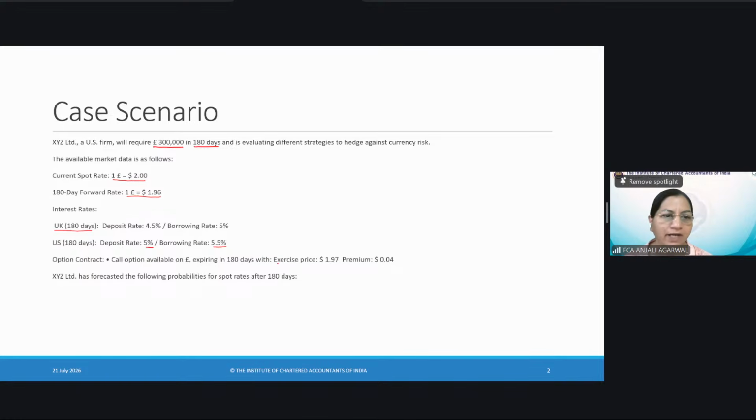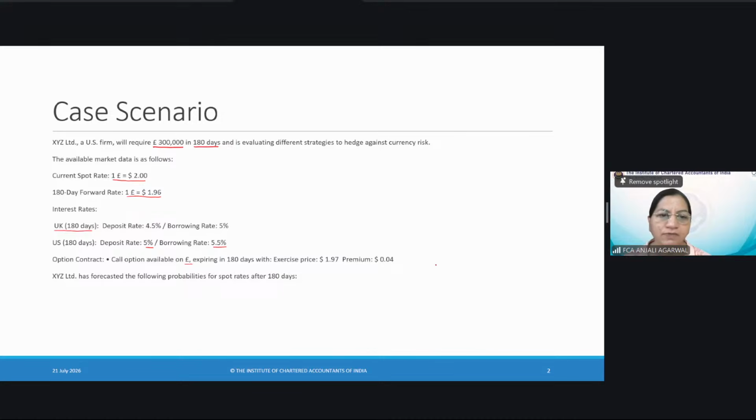The option contract says the call option is available on pounds. So it requires pounds and call options are available on pounds. Call options give you the right to buy, and that is what is required by XYZ Limited, to buy the pounds.